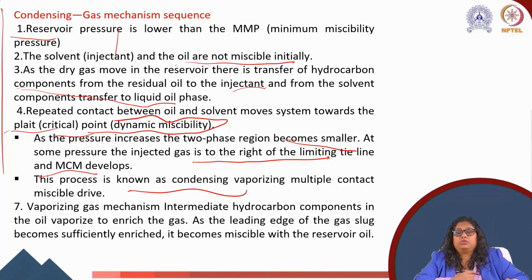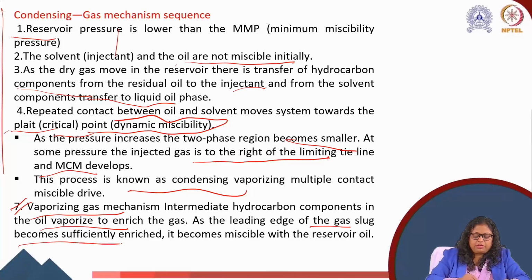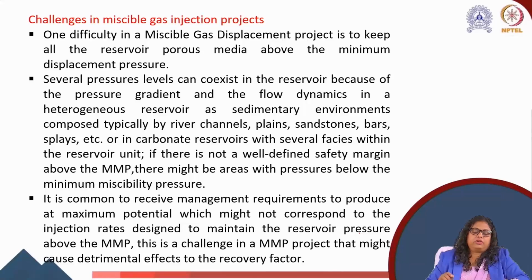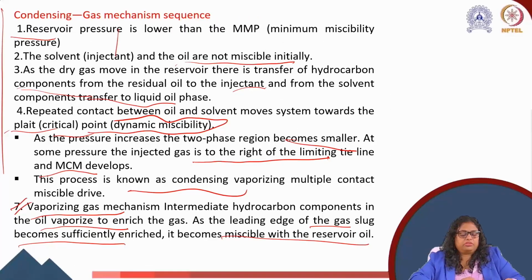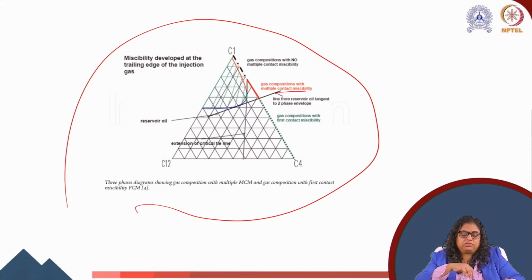In case of the vaporizing gas mechanism, intermediate hydrocarbon components in the oil phase vaporize to enrich the gas, and as the trailing edge of the gas slug becomes sufficiently enriched, it becomes miscible with your reservoir oil. So this is the process, and this was shown on this diagram.